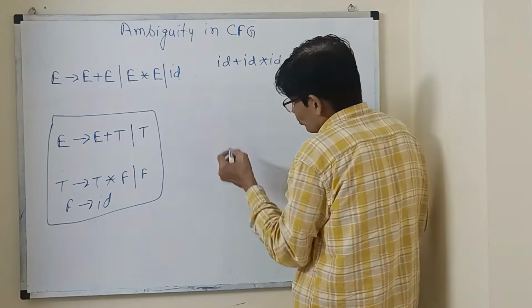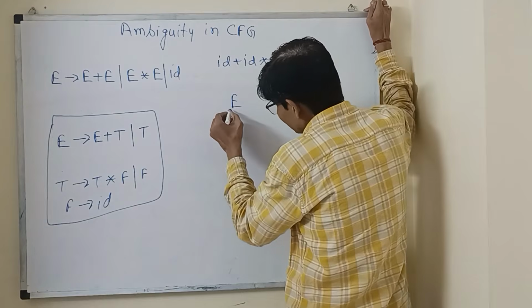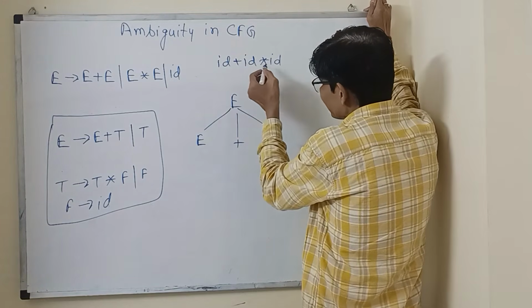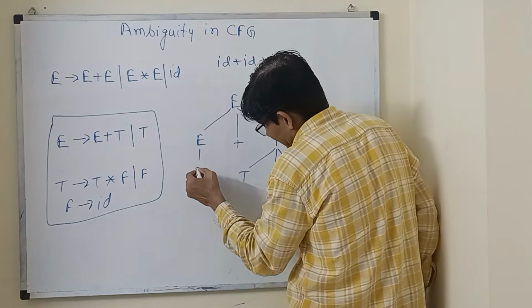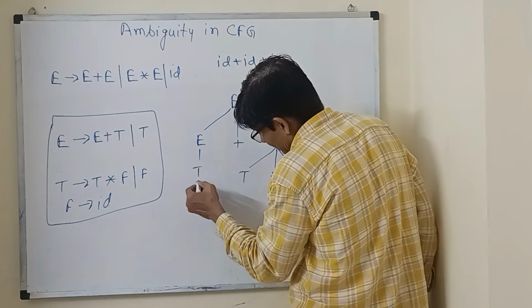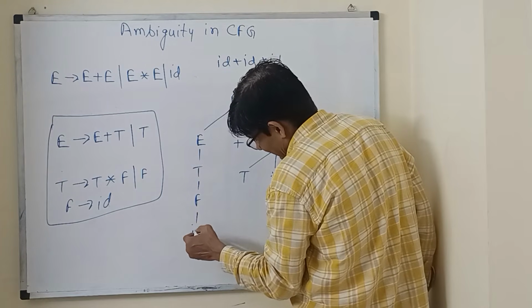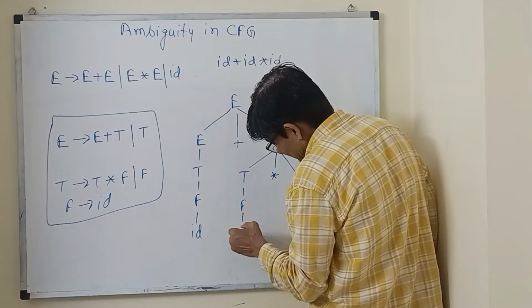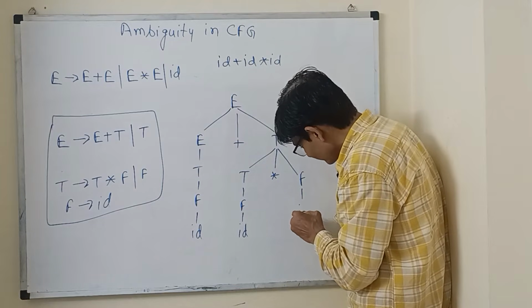We have E first, then we replace E with E plus T, then we replace this T with T cross F, then this E with a T, then this T with F, then this F with ID, then this T with F, and this F with ID, then this F with ID.